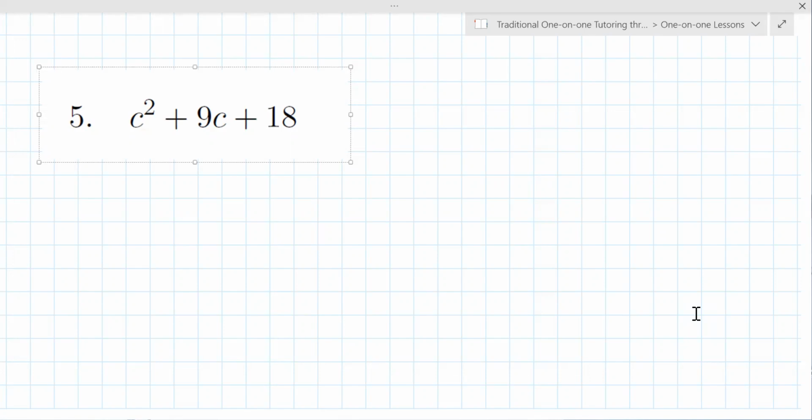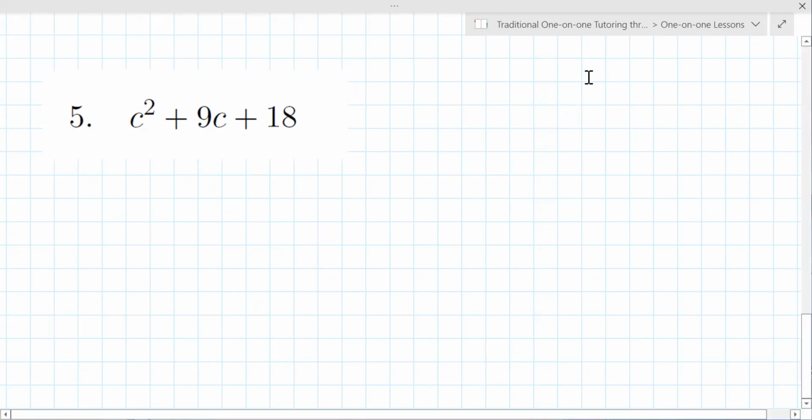So it has to multiply to 18 and add up to 9. 3 times 6.